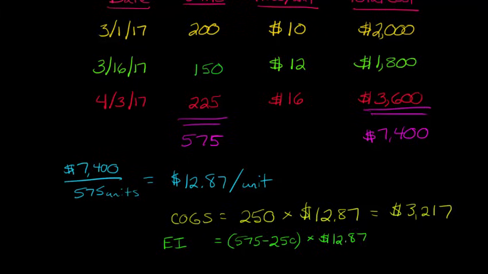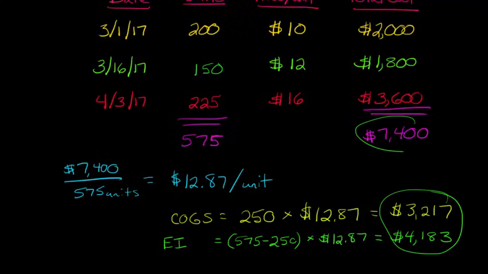We're using the same average cost to compute cost of goods sold and ending inventory. Now, what does this yield for our ending inventory? We're going to have ending inventory of $4,183. And you see that if you add these two up, you get exactly what the total cost was.